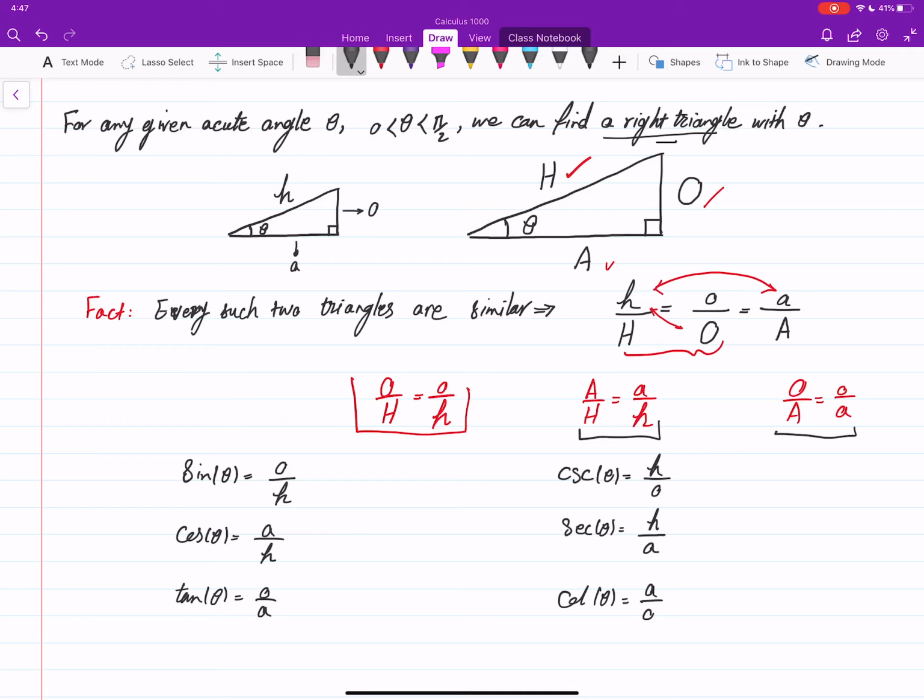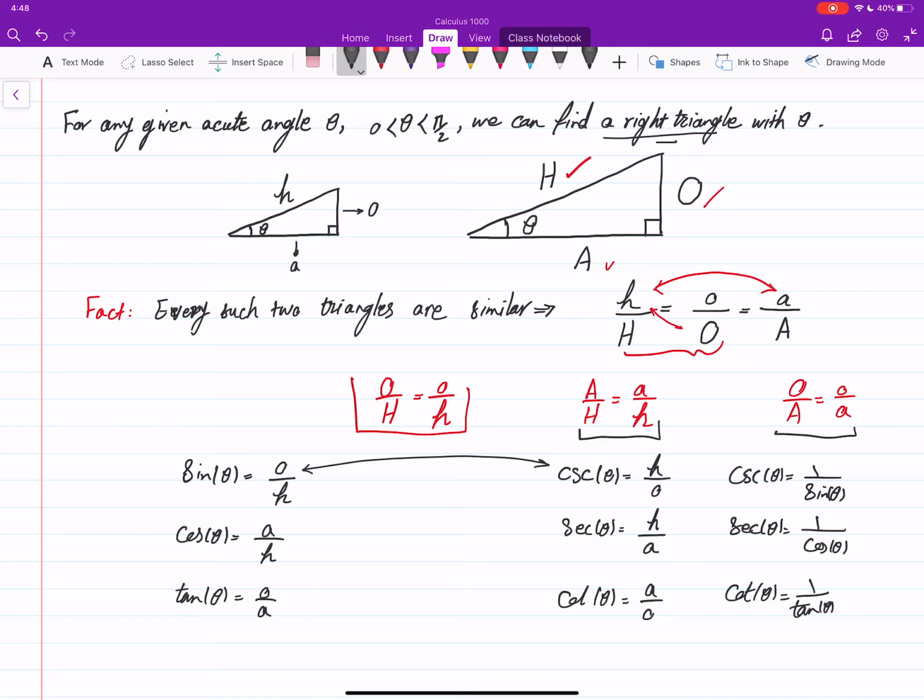Well, very quickly you can see that each of these is the inverse of one of the others, meaning that cosecant theta is 1 over sine theta. Secant theta is 1 over cosine theta. And cotan theta is 1 over tan theta.